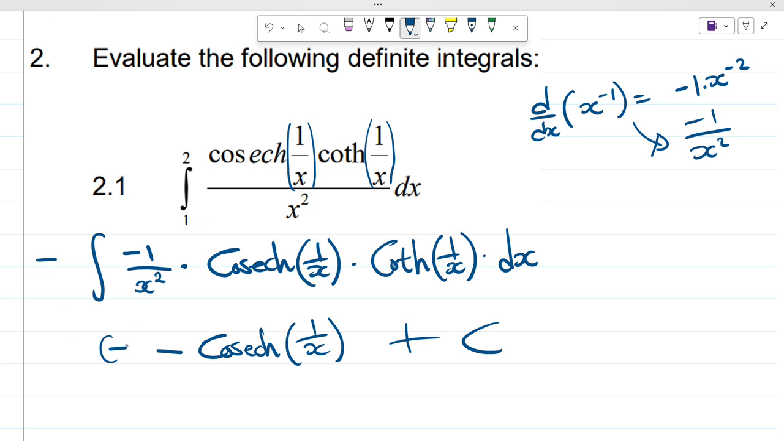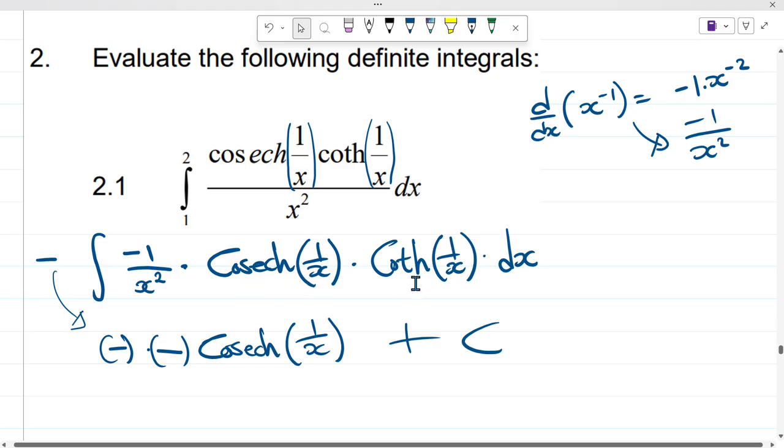So this negative should multiply this other negative here. So this one goes there. And this other negative is coming from me asking myself what is it that was differentiated for me to get positive hyperbolic cosec multiplied by cot. So I know that if I got it as positive, then it is the negative one that was differentiated, and then I take the negative that was outside the integral with me to the answer.